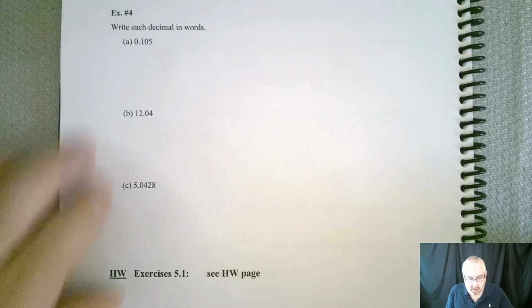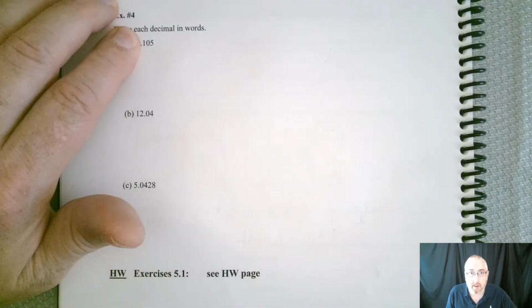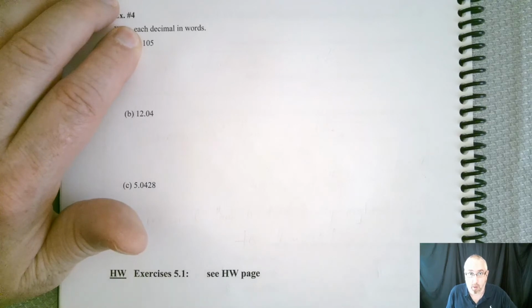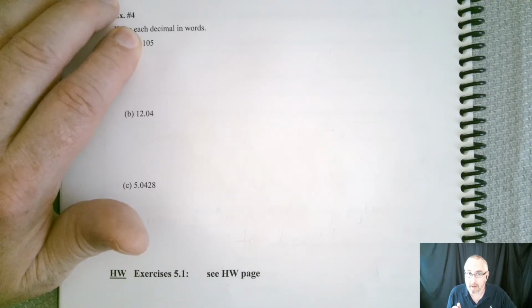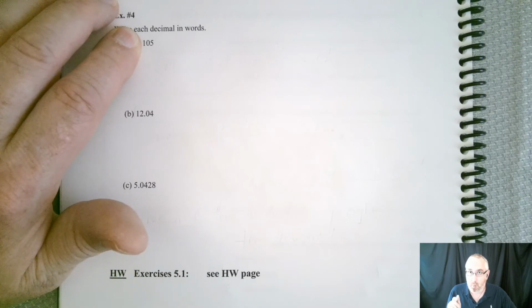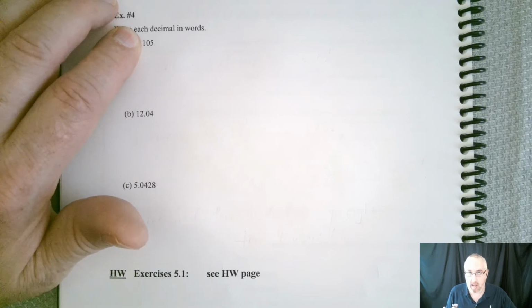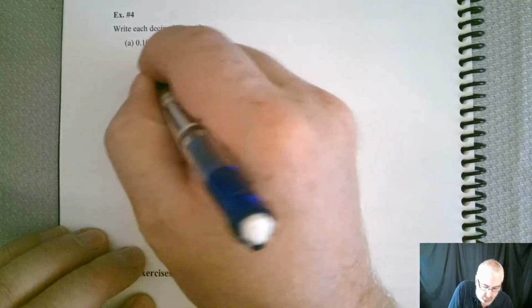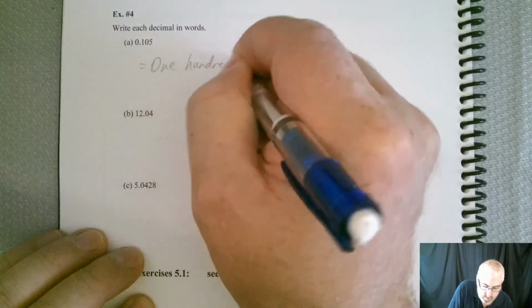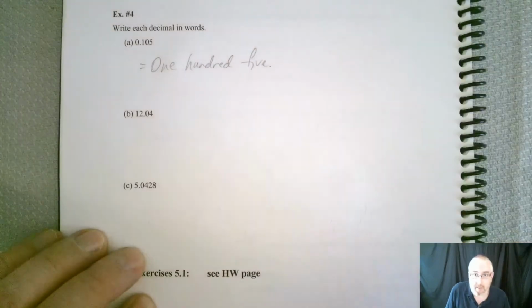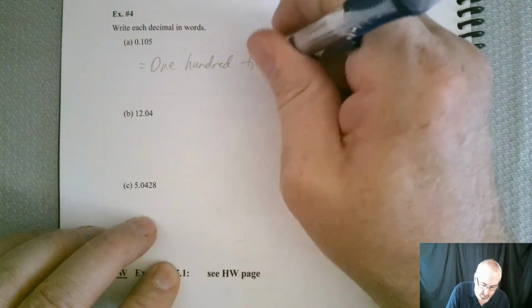The first step is just to write the number, that 105, properly in words. So what is that number? It's 105, no ands. So start with writing that. But now, you don't need a period.